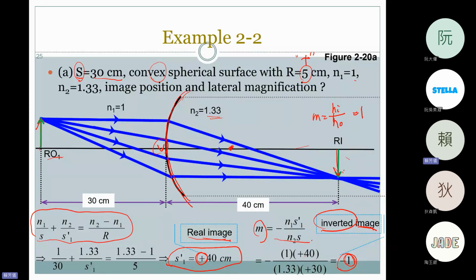You can practice this question to make sure you know how to use this equation.